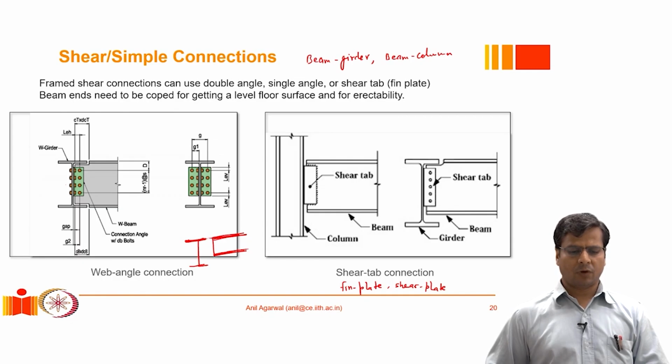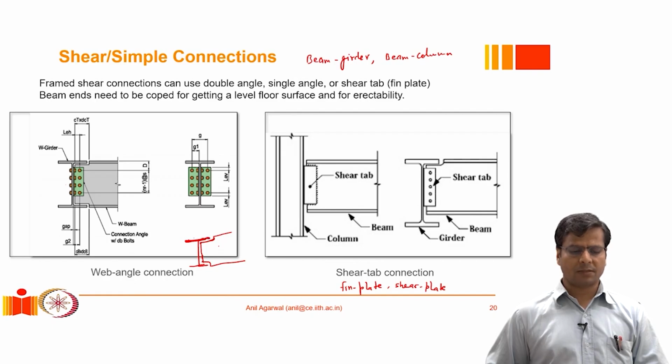Then if we want to bring it here, we will not be able to bring the web of the beam close to the web of the girder, and the eccentricity will be very large, and we cannot provide this kind of a shear connection. Therefore, in order to facilitate that, often we cope a part of the beam. So if the beam is not as deep as the girder, we may just cope the top flange. If it is almost as deep as the girder, then we may have to cope both flanges. So this is called coping of the beam.